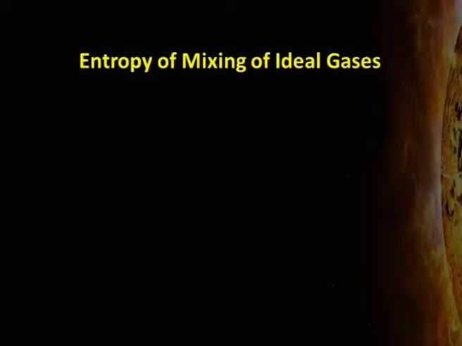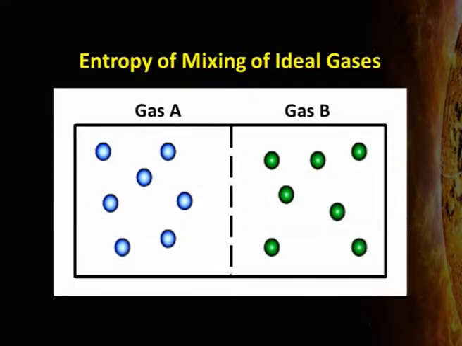For this, let us consider a system containing two ideal gases A and B separated by a partition. Here, gas A contains the number of moles equal to Na, and gas B contains the number of moles equal to Nb.